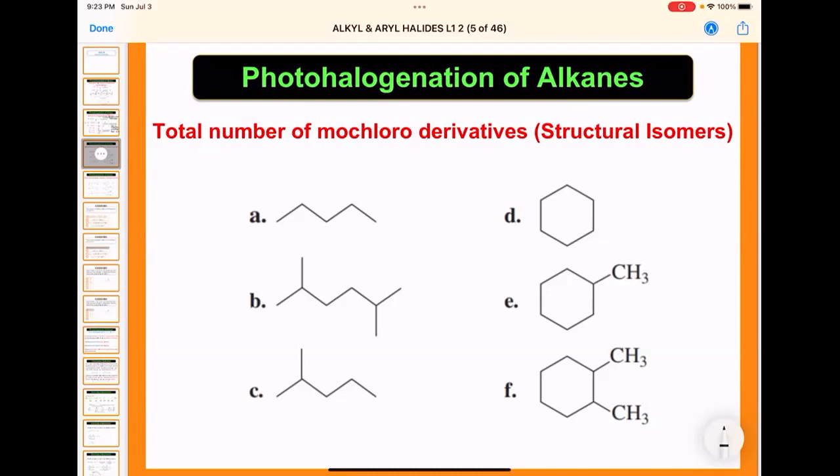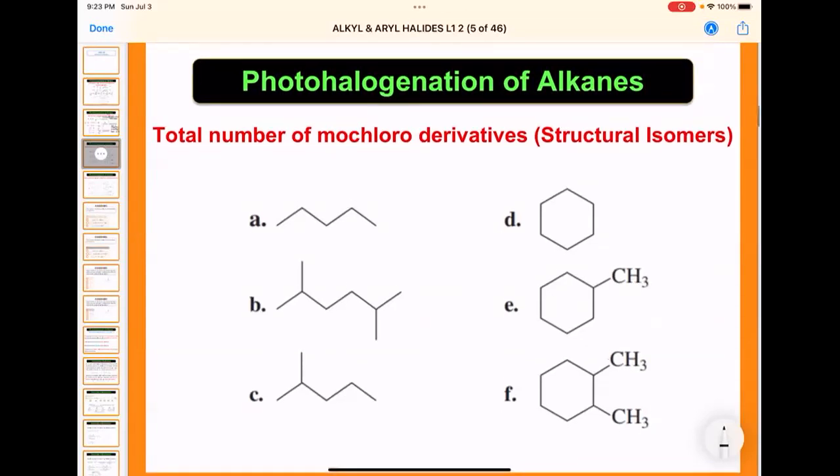To write the answer, you need to think at how many different places you can put Cl, and how many different structural isomers you can get upon putting 1 chlorine.